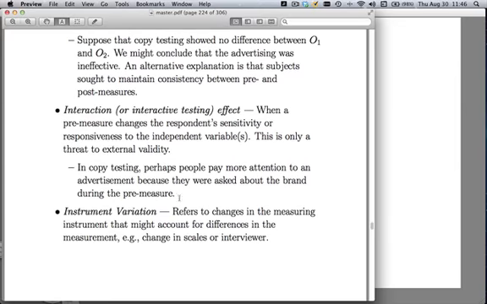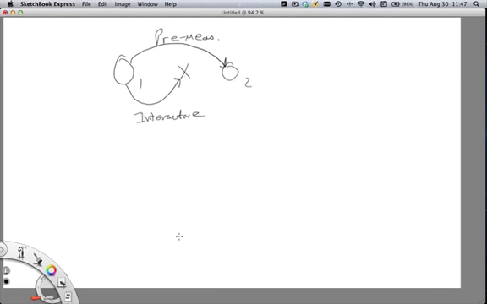Let's talk about instrument variation. Instrument variation is when you have a change in the measuring instrument occurring between the measurements. Let's go back to my speed reading test. To avoid the pre-measurement effect, what do you do? You've got to have different readings and a different quiz. So you have the people read article A here, and you give them the quiz with that.